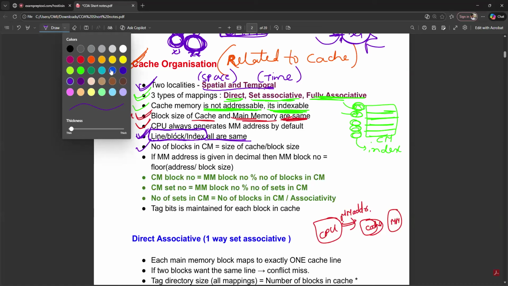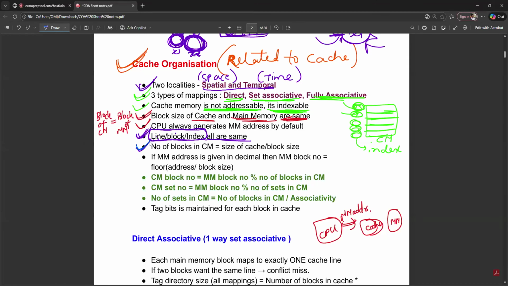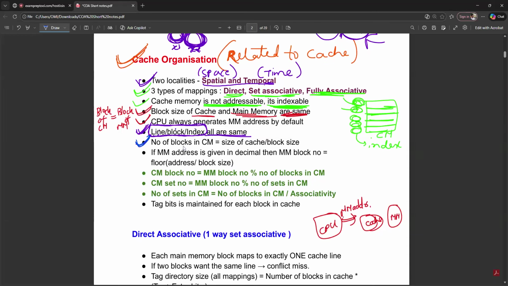I have covered these things very well, so you don't have to mug up any formulas. The size of cache and block size they will give, so you just have to divide.